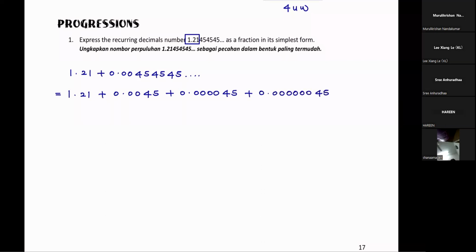Nampak ni tak perlu buat banyak lah. 2 cukup lah kelas. Saya buat banyak untuk kamu. So can you see this? This is the progression. This is your progression.